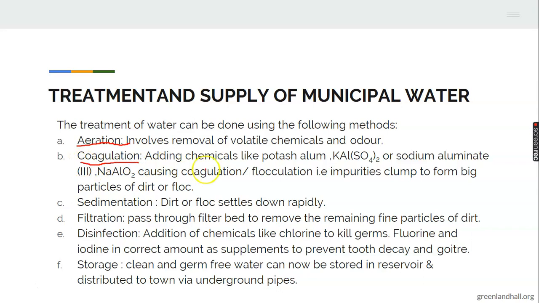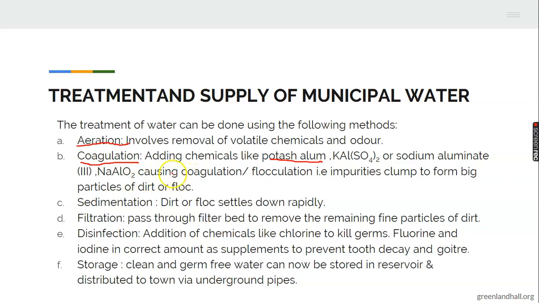Then the second step is coagulation. Coagulation means you have to add some chemicals like potash alum. Potash alum is aluminium potassium tetraoxosulfate(VI). Either you add this or you add the other one, which is sodium aluminate(III), NaAlO2.